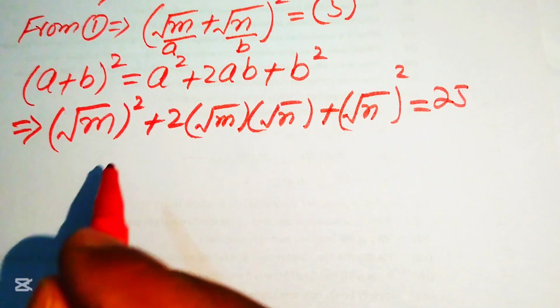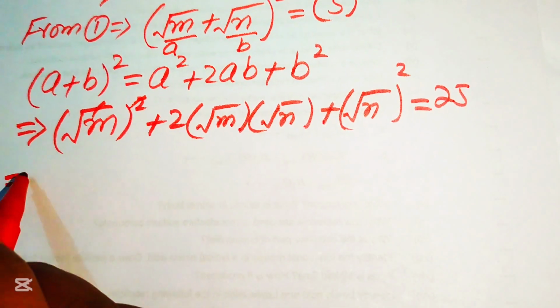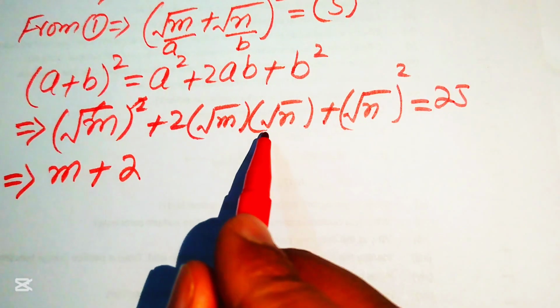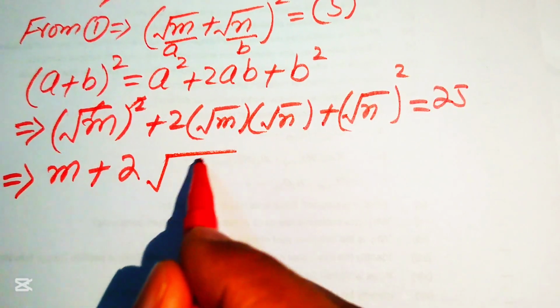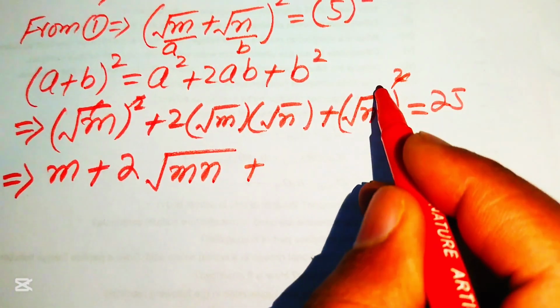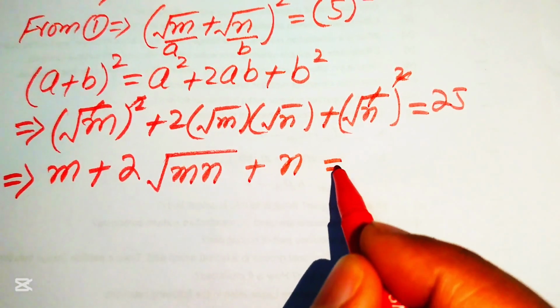In the next step the square and square root are gone and we obtain m plus 2 times, combining the square roots of these two terms, square root of mn, plus n equals 25.